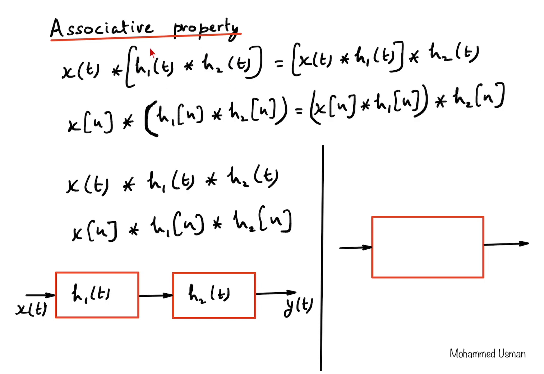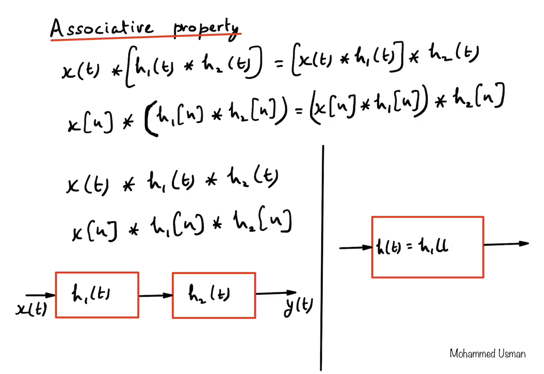So we can convolve h1 and h2 of t, and then convolve with x of t to get the same y of t. So these two systems in series can be replaced with a single system whose impulse response we can call simply h of t equals h1 of t convolved with h2 of t.